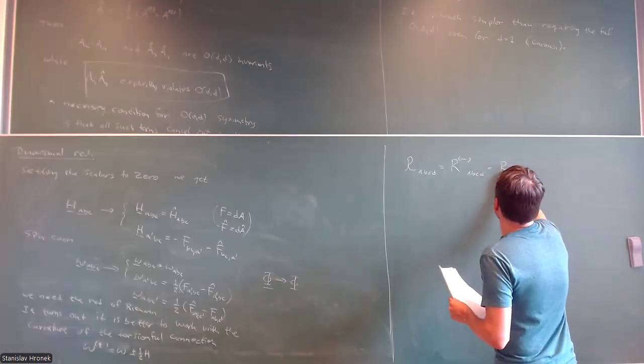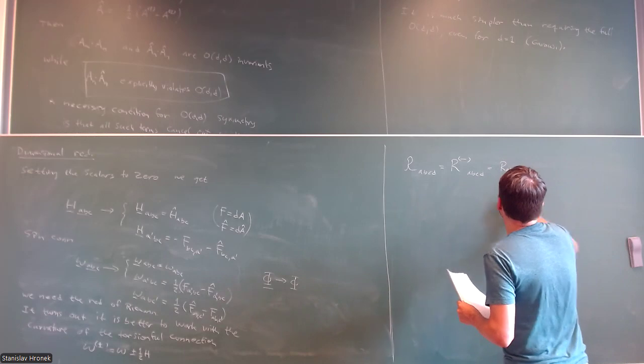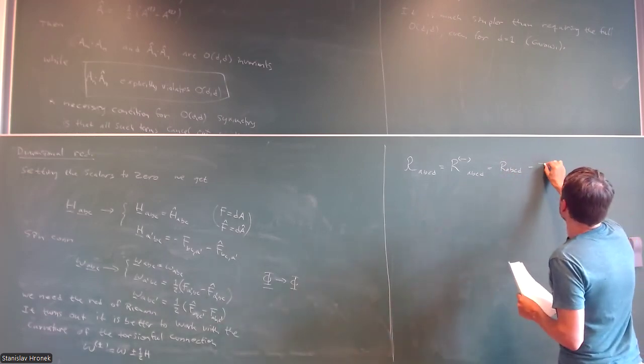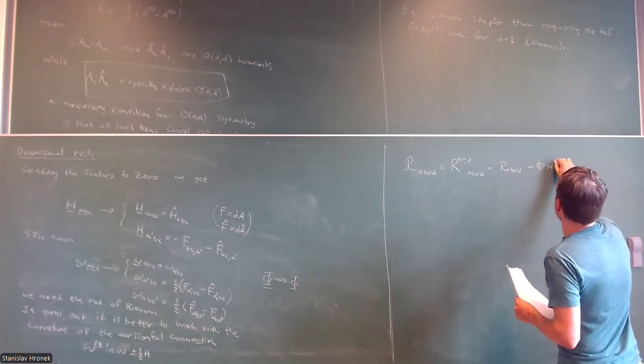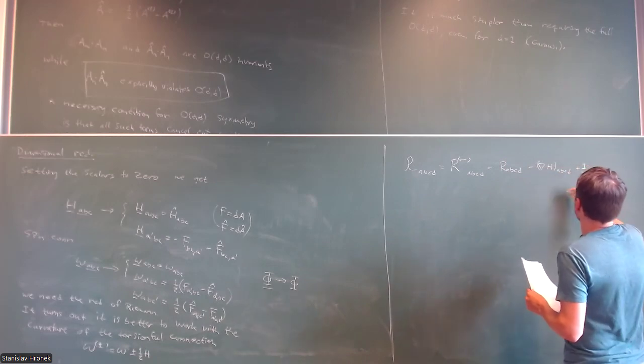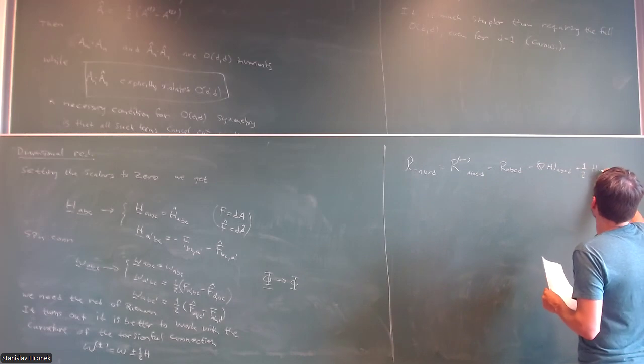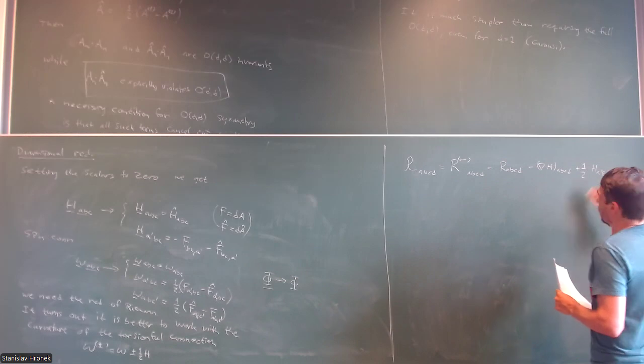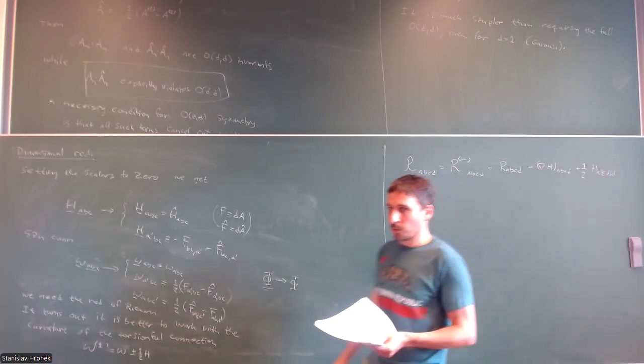If you compute that, you find the ordinary Riemann tensor minus the covariant derivative of H plus another term quadratic in H. I mean, that's sort of obvious from my views.